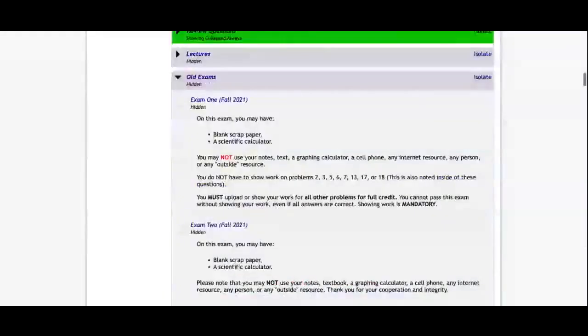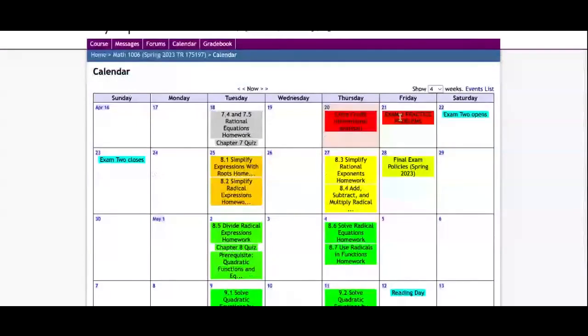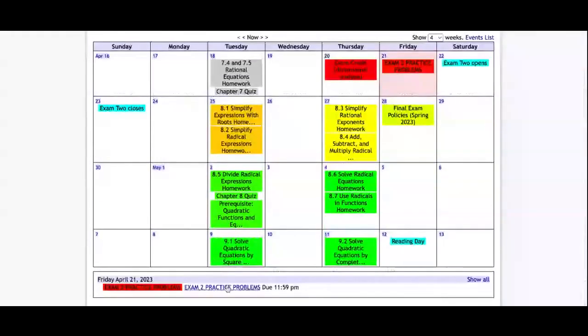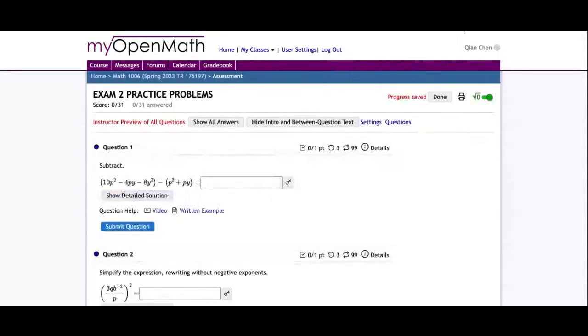So you better go to the calendar, the easiest way. So on the exam 2, you hit on this, it will appear here. This is the easiest way. Did you find it? Okay, you're welcome.